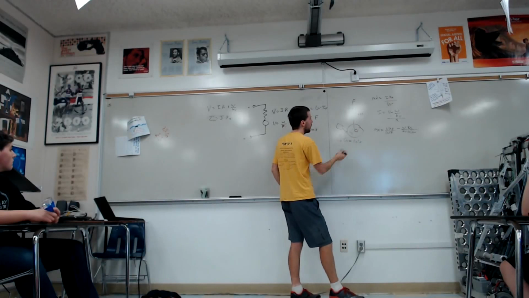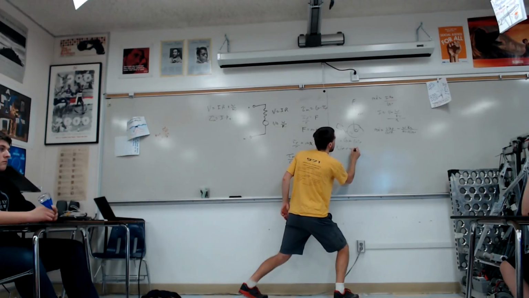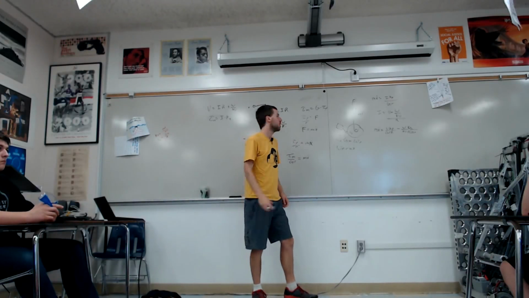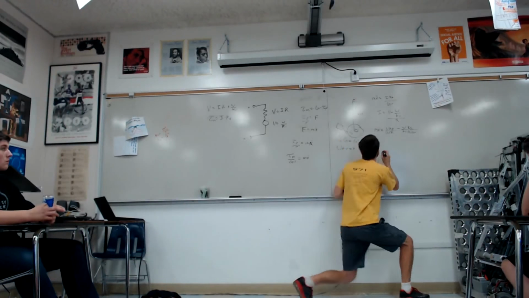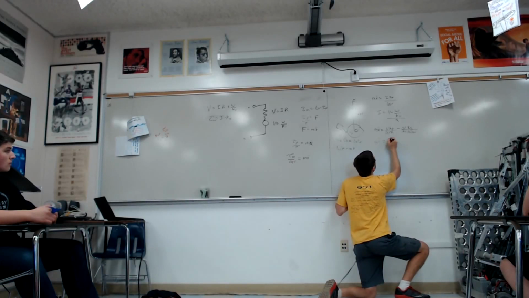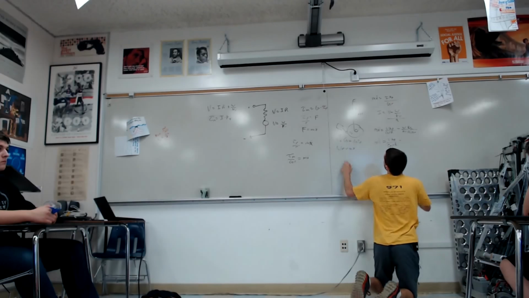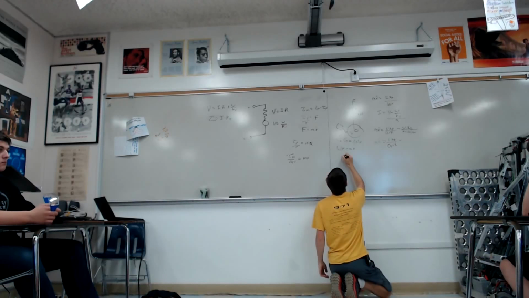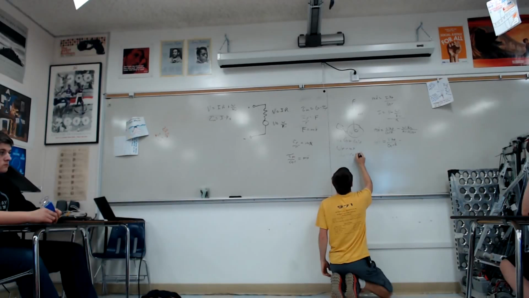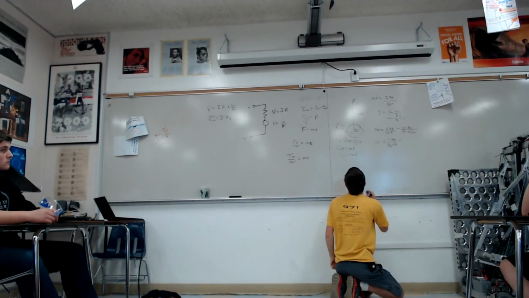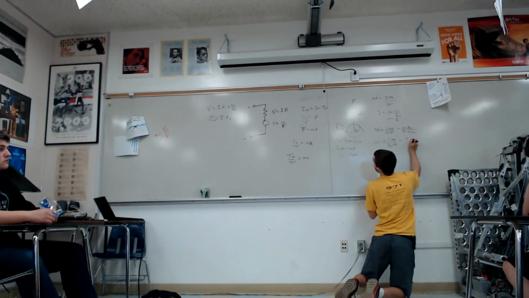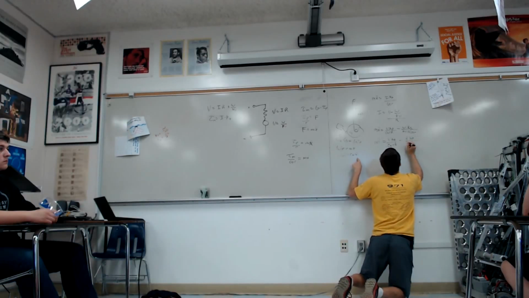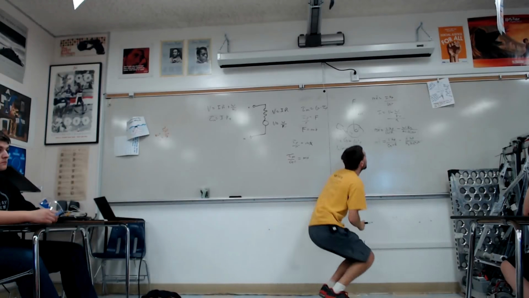And then angular velocity of the pulley times the radius equals the velocity of the chain or the carriage. I'll substitute that in.